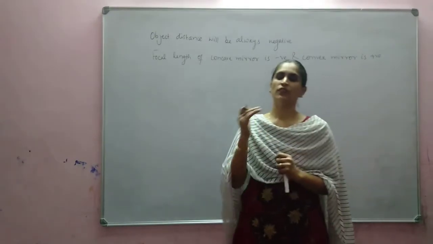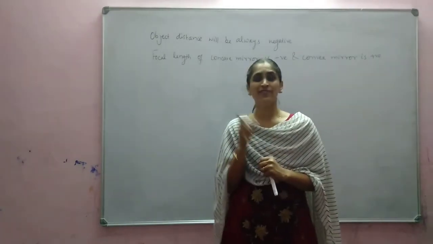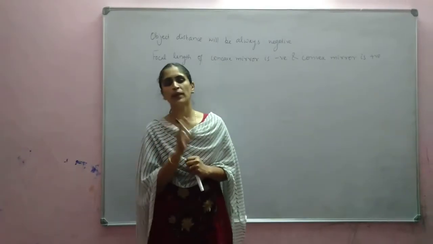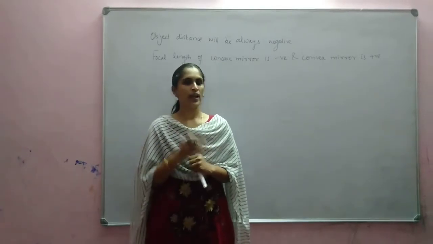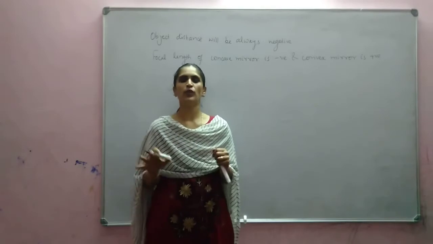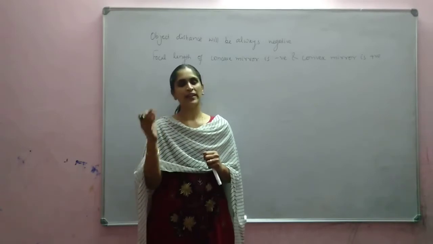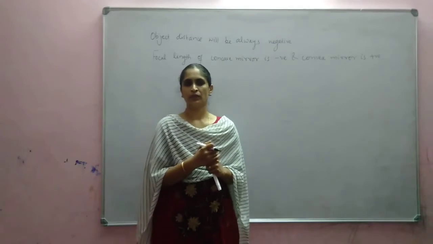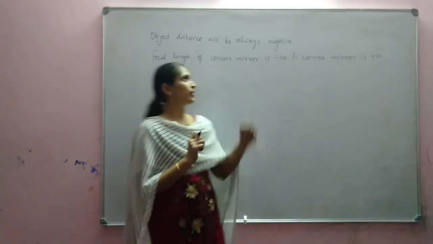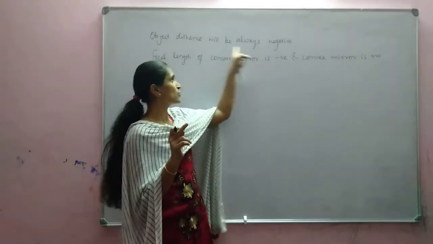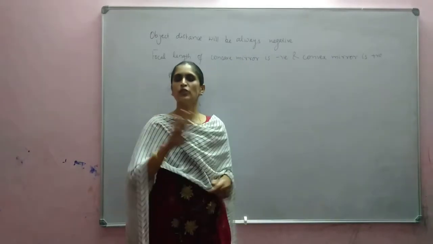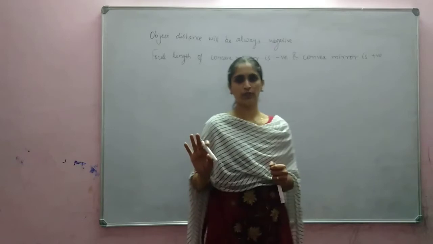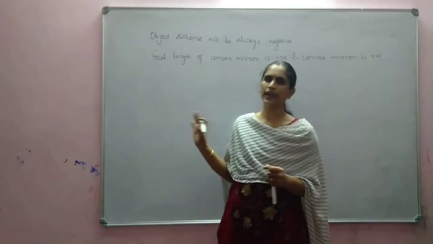When you are solving problems, for whichever quantities are given in the problem, only for those we have to apply sign convention. For the unknown quantity, no need to apply sign convention; we will get the sign automatically. For example, if a problem asks to find the object distance, no need to take it as negative by writing minus u; you have to take u as it is.